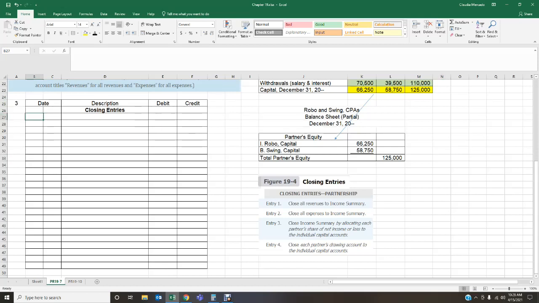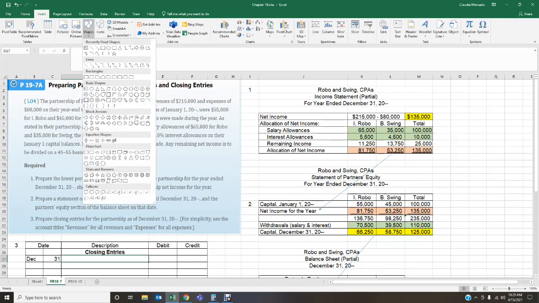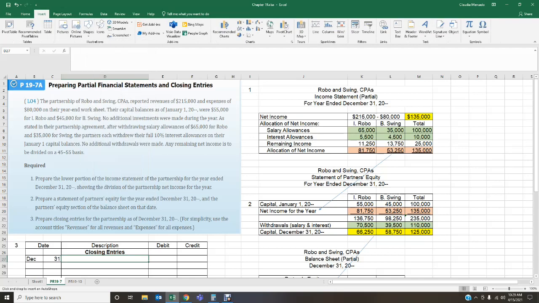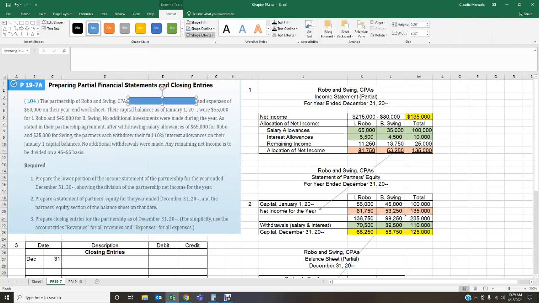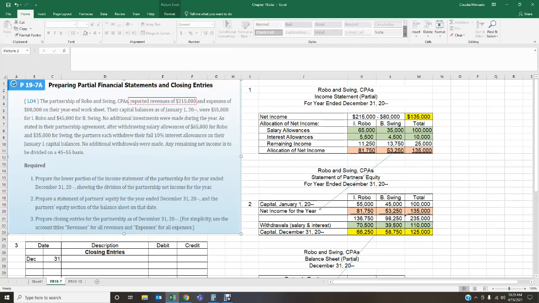This is happening as of December the 31st. So step number 1, close revenues to income summary. How much do we have in revenues? It says here we reported revenues of $215,000.